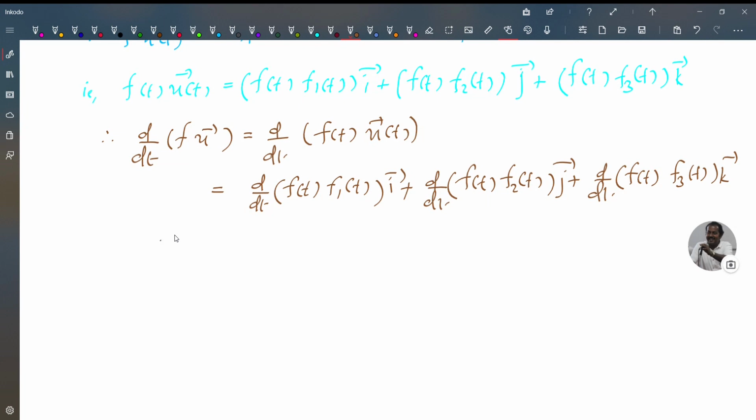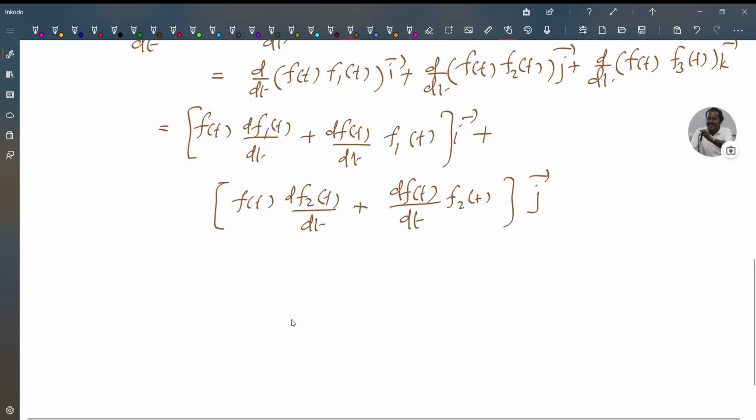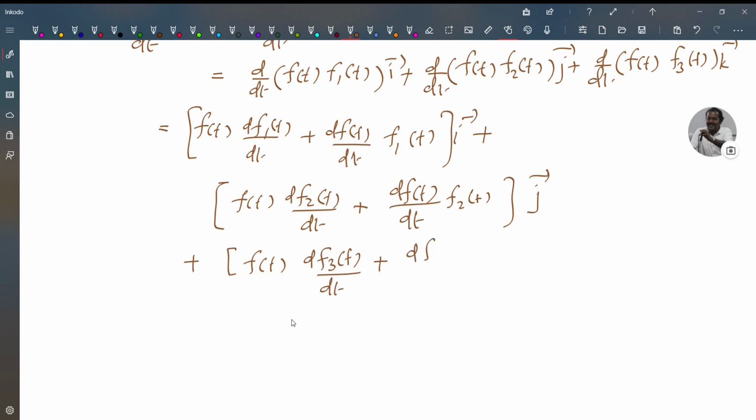So this is equal to f of t into df1 by dt plus df by dt into f1 of t into i plus f of t into df2 of t by dt plus df of t divided by dt into f2 of t j plus f of t into df3 of t divided by dt plus df of t divided by dt into f3 of t k.